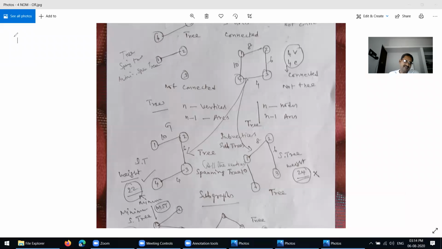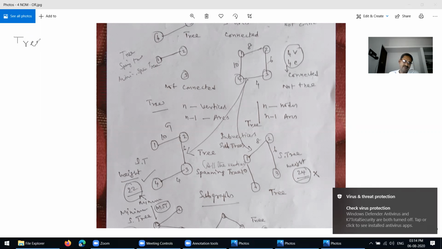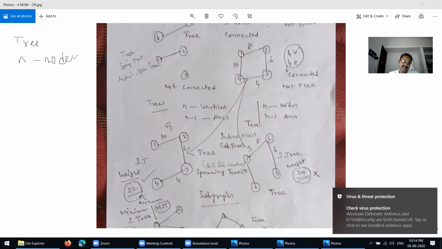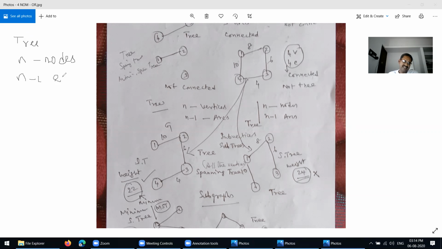A tree also has a formula: n nodes or vertices and n minus 1 edges.